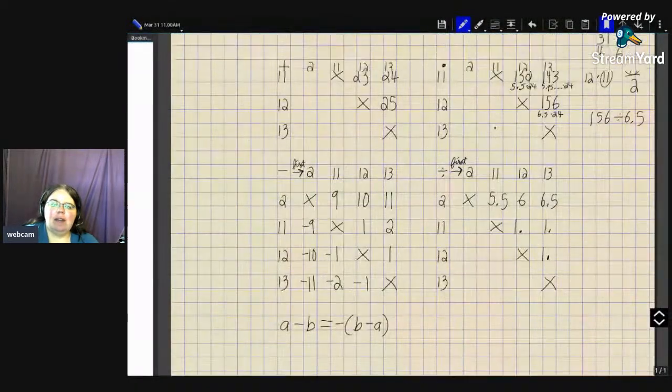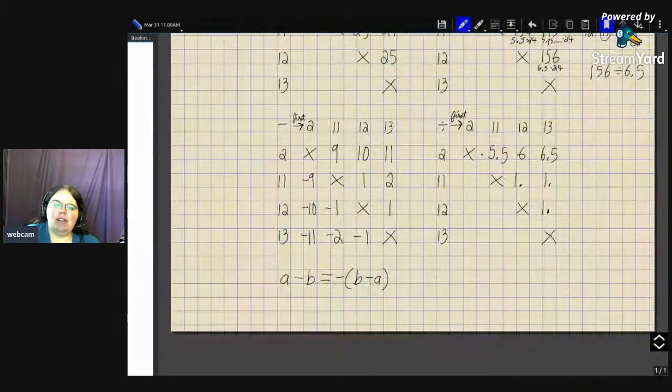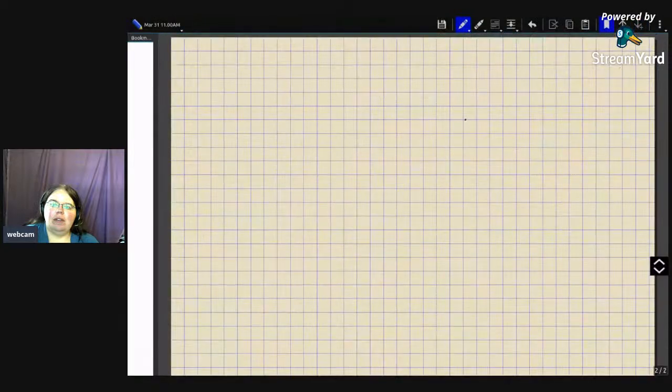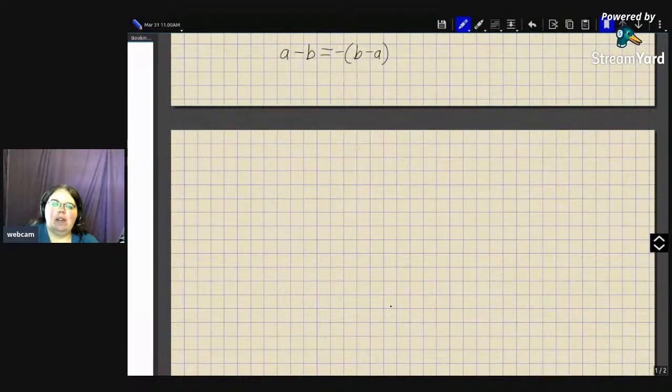So let's try making a systematic list of what we've got and see if that helps. So let's take a look. Okay, so we can rearrange these as much as we want to.